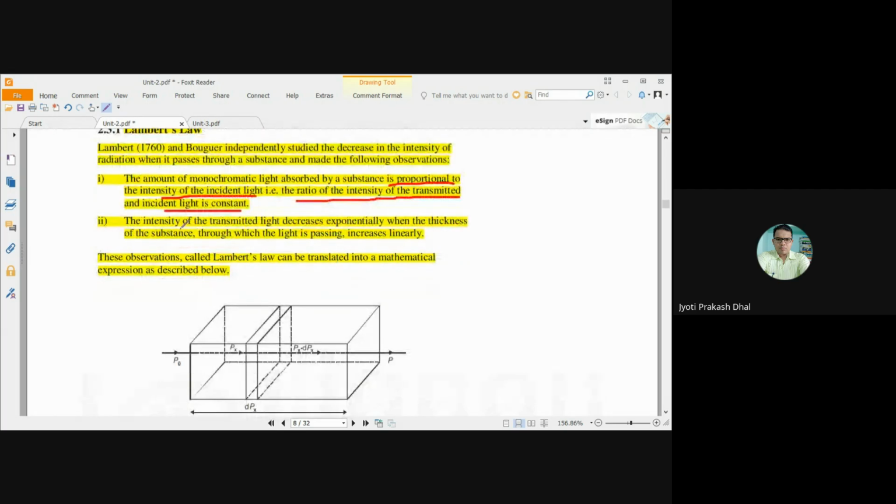And the second: the intensity of the transmitted light decreases exponentially when the thickness of the substance through which light is passing increases linearly.